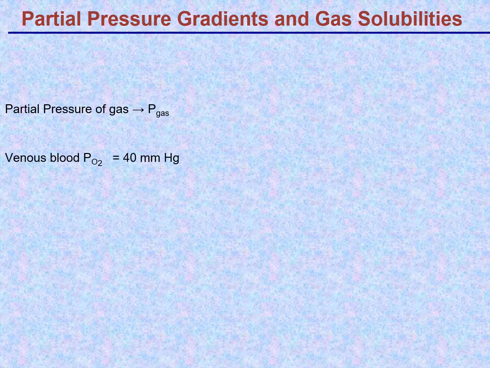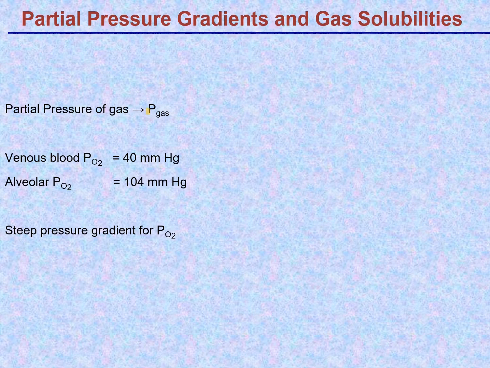In terms of the first one, the partial pressure of a gas is indicated with P for pressure and then the name of the gas as a subscript. So the partial pressure of oxygen here in venous blood is 40, a number you need to know and remember.